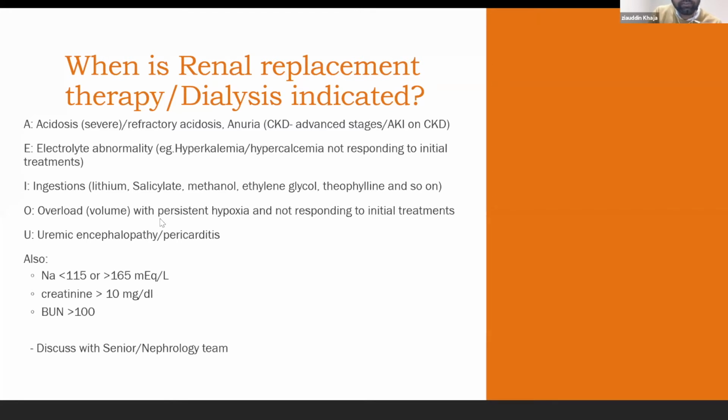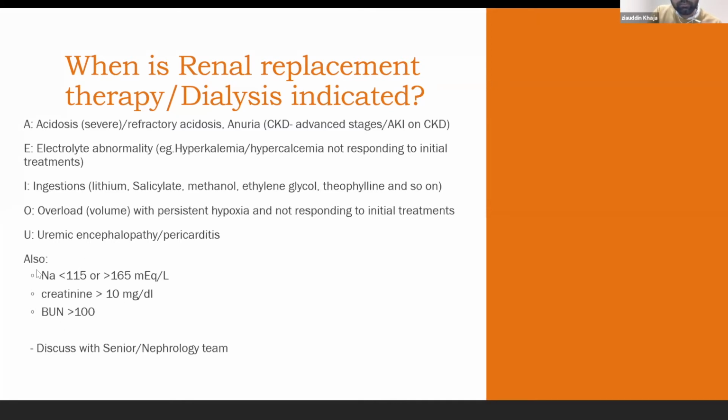And here I found a really good line. So it's an overload with persistent hypoxia. If somebody is in overload and then they're having hypoxia, which is again not responding to initial treatments, then you're thinking about dialysis and removing that fluid overload. And then the last one would be any uremic encephalopathy or uremic pericarditis.